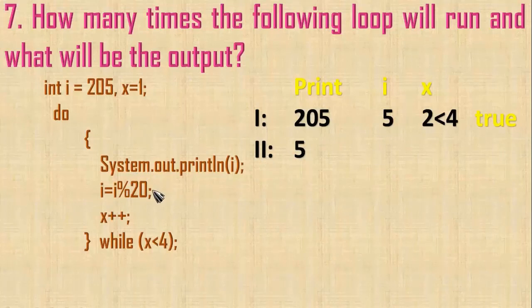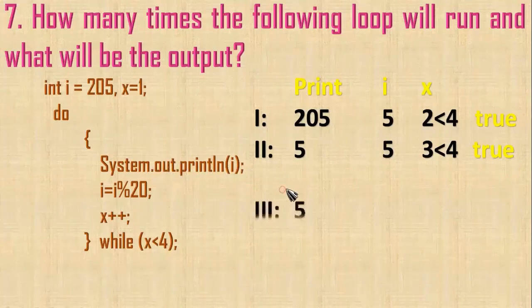Now already i's value is 5, so it prints 5 mod 20, which will be 5 only. X value will be increasing by 1, that becomes 3. That is also true, so it will go to the loop again. Now i's value is 5 only, it prints again i mod 20, which is 5 itself.